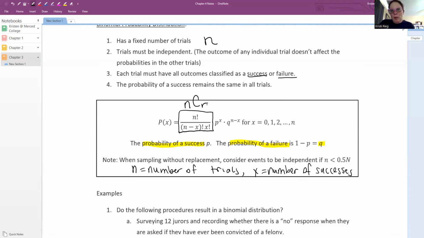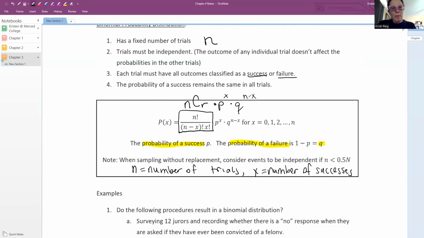Your calculator already came with an r, but the formula uses X. So we're going to plug the r in for the X, and then the rest of the formula will stay the same. So we're going to multiply this by P to the X, and then we'll multiply it by Q to the N minus X. Okay, we're going to practice that in another page. I'm not going to get too much on that right now.